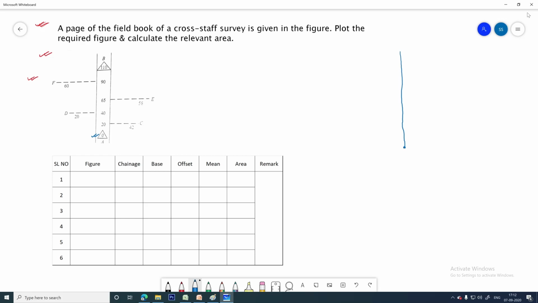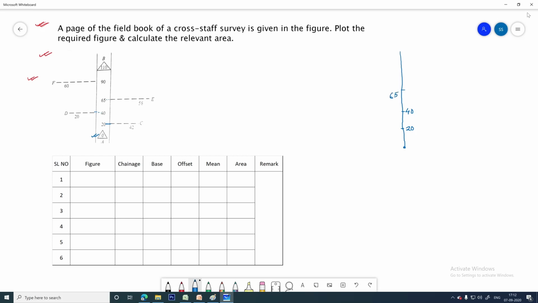Now the offset which is taken at 20 chain edge, consider this one is 20. Then this one is 40, because the offset taken after 20 is 40. Then this one is 65.